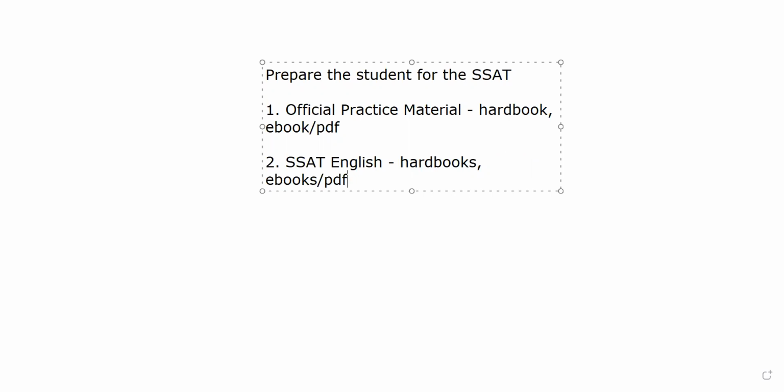So then you want to go with the PDF version, so you can just print them and place them in a notebook. Also for the practice exam, you can do that through a hard book, ebook, or you can do the practice online, which is what we do. We practice it online, as we stated before.